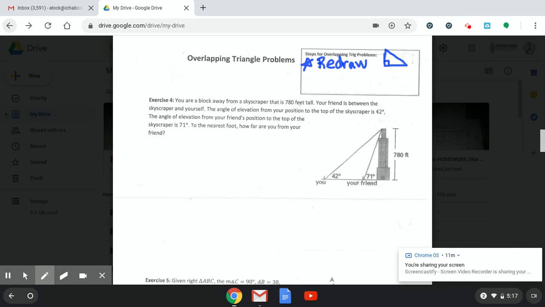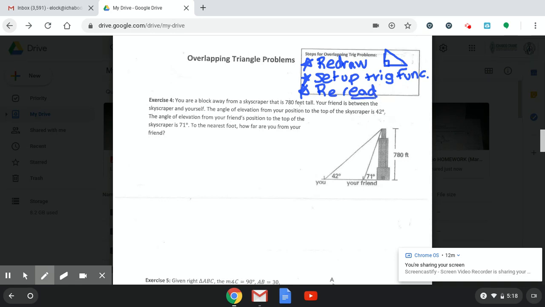So you have to really be careful with them. Then you can set up a trig function. And lastly, you always want to reread the question. Make sure you are answering what they're asking for here.